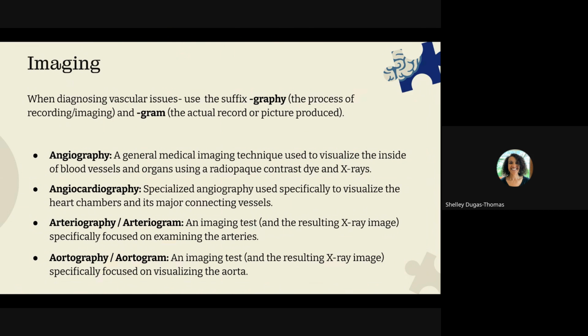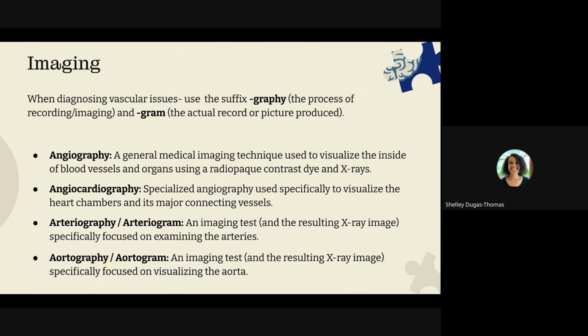When diagnosing vascular issues, we use the suffix graphy, the process of recording or imaging, and gram, the actual record or picture produced. Angiography is imaging of general vessels. Angiocardiography is imaging of the vessels in the heart chambers.